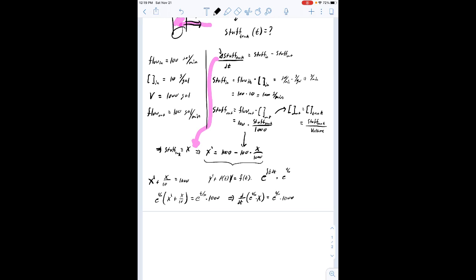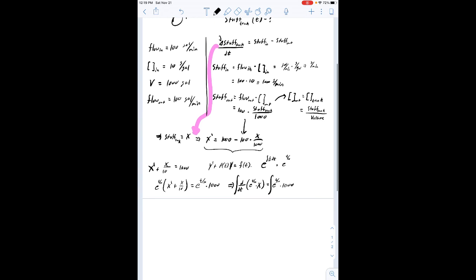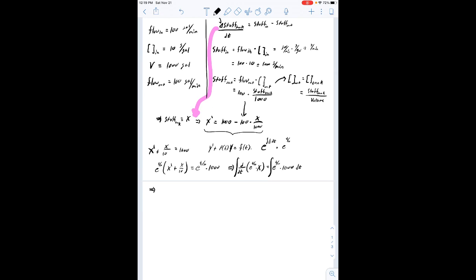And then to get rid of a derivative, we can just take an antiderivative, an integral on both sides with respect to dt. So then this turns into e to the t over 10 times x, which is a function of time, is going to be equal to, what is the integral of this?